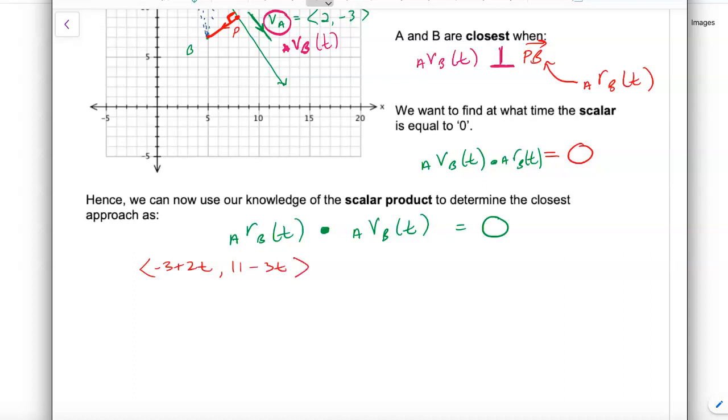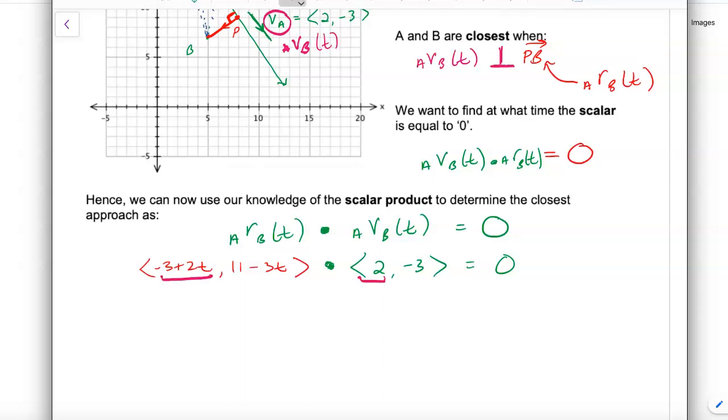We want to scalar product that with the velocity of A relative to B. Well, in our case, B isn't moving, so relative to B, A is just still moving with its standard velocity of 2, -3. So let's solve when this scalar product is 0. So remember, a scalar product is multiplying, so we're going to multiply our i components with our i component here.